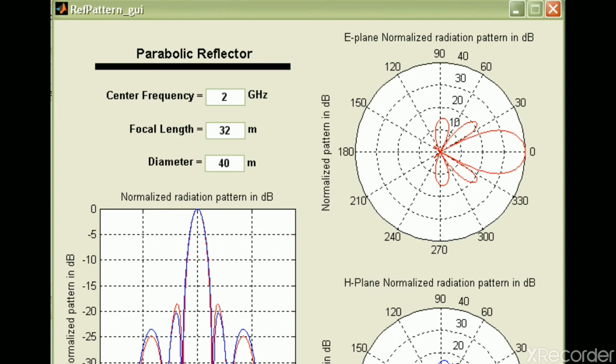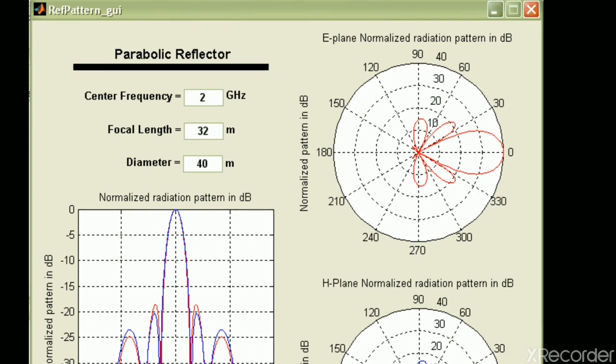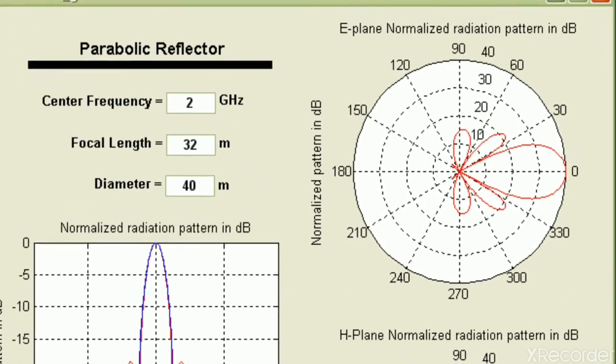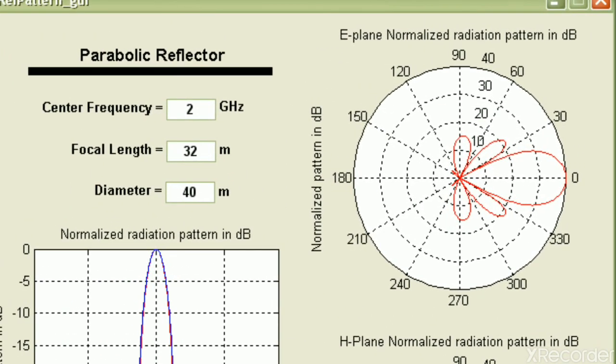So the first one is the E plane normalized radiation pattern in decibel. From this image one can see it is highly directive towards a particular side. No doubt there are some side lobes also, but as compared to other reflectors it has more directivity.